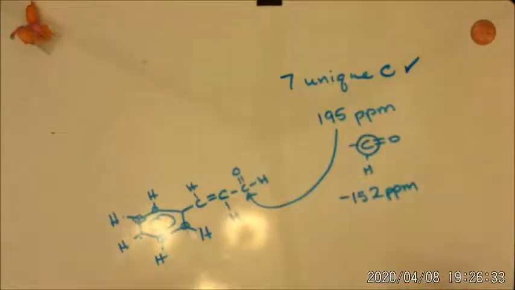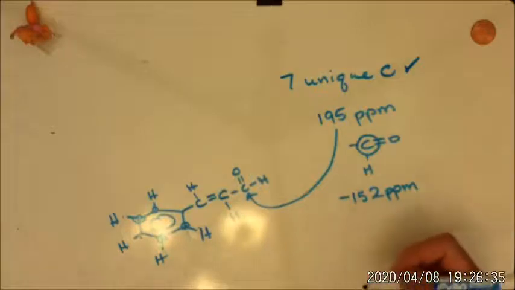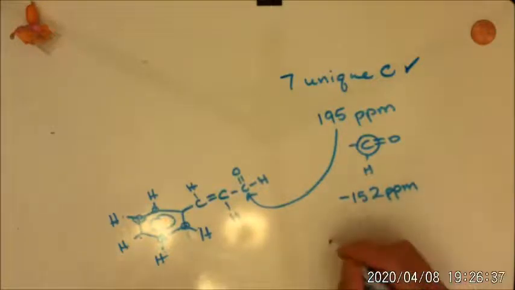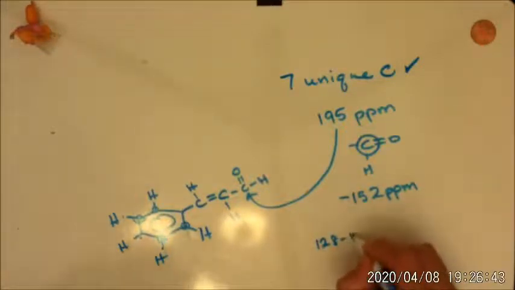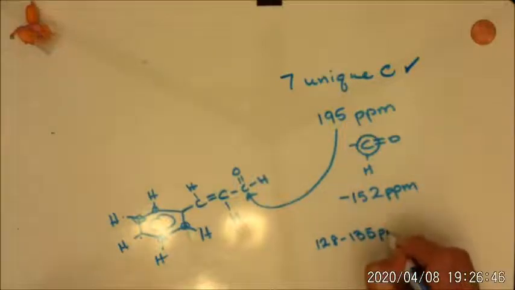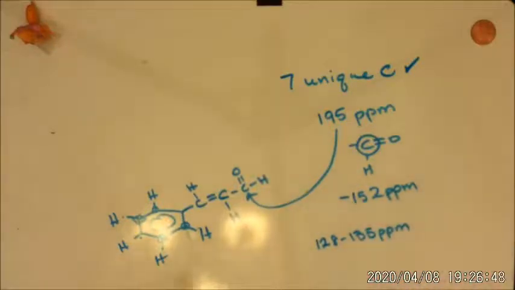Okay, and then you have a whole bunch, 1, 2, 3, 4, 5, between 128 and 135 ppm. So in that range we have 5 carbons. We have 1 carbon here.